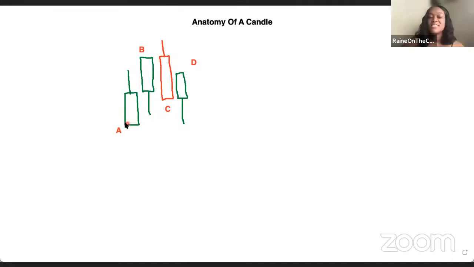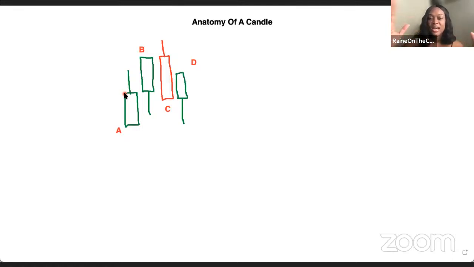And is this candle bullish or bearish? Bullish, because it's green, and with a green candle, price is going to open at the bottom, the base, and it's going to close at the top of the body. But we know that price traveled a little further up, but it closed here. So, like I said, I'll repeat this again.